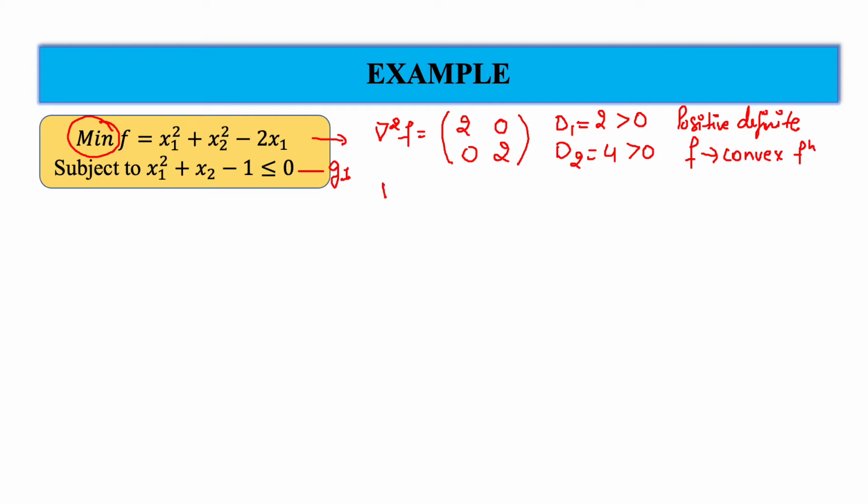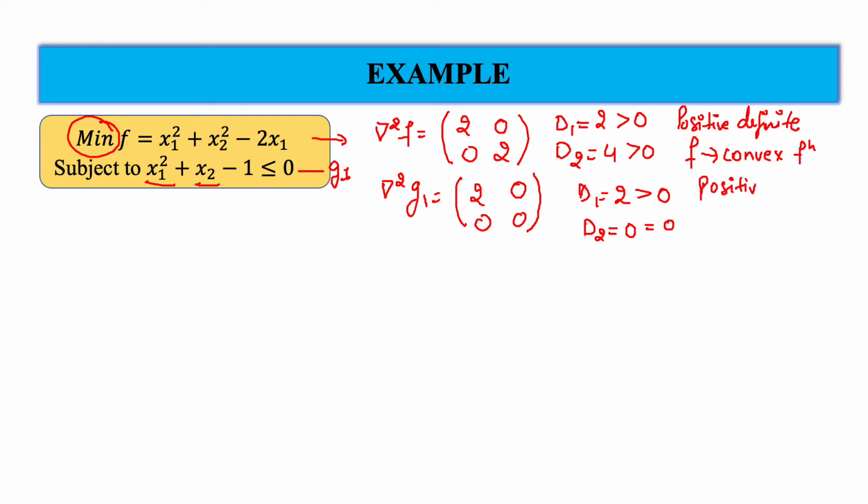Similarly we will find the Hessian matrix for G1, which will be, for x1 it is 2, 0, 0, and for x2 it's 0. Again D1 is 2 and D2 is equal to 0, so it is greater than or equal to 0. So this Hessian matrix is positive semi-definite. This you can check in the definiteness of matrix lecture.